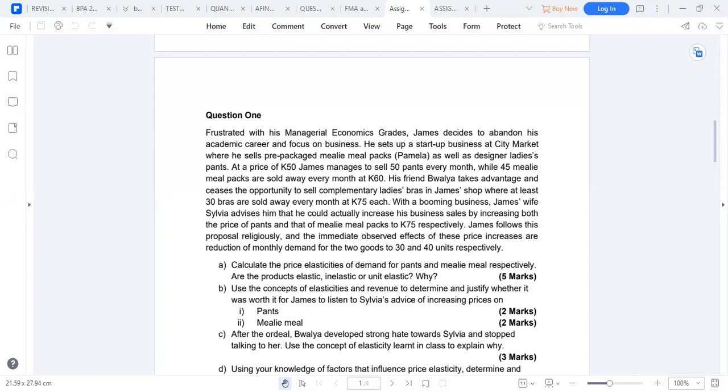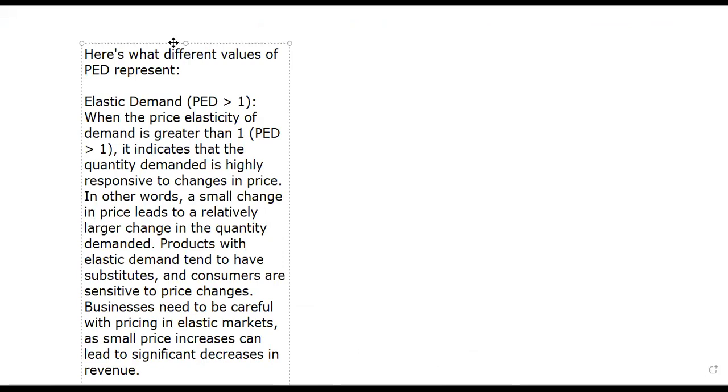So we use the formula PED, which is price elasticity of demand, as a percentage change in quantity demanded over percentage change in price. So what denotes an elastic or inelastic elasticity? So let's delve in to understand this at length.